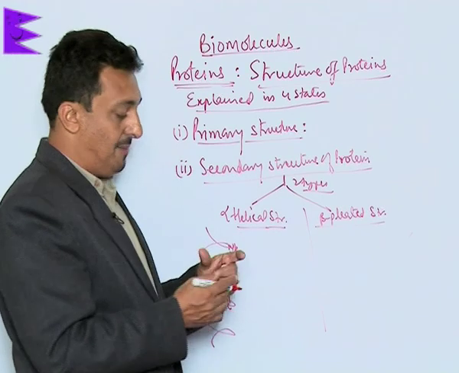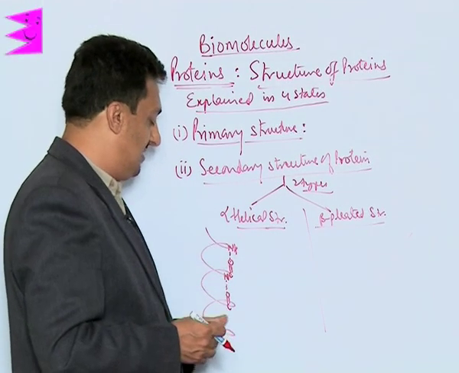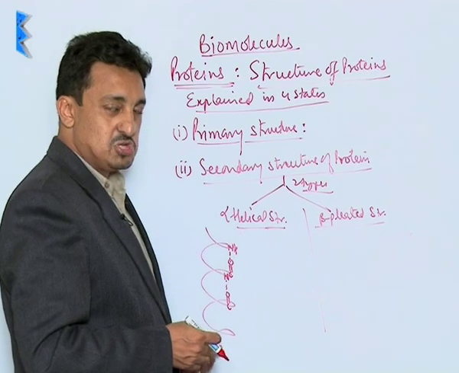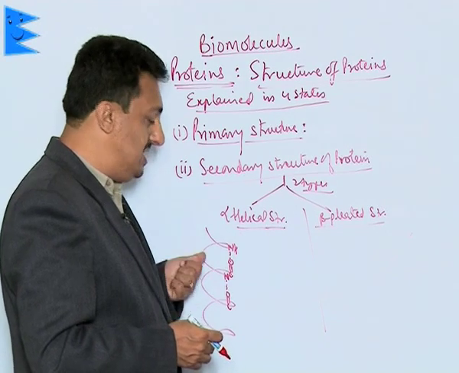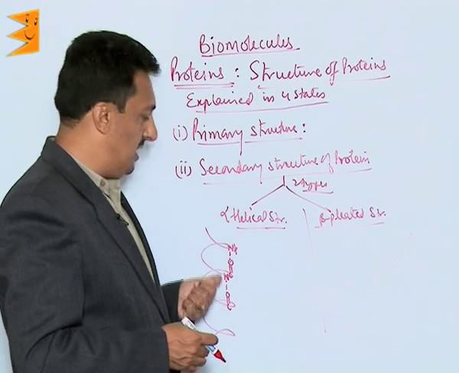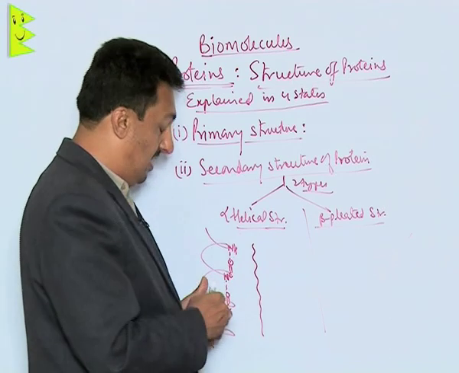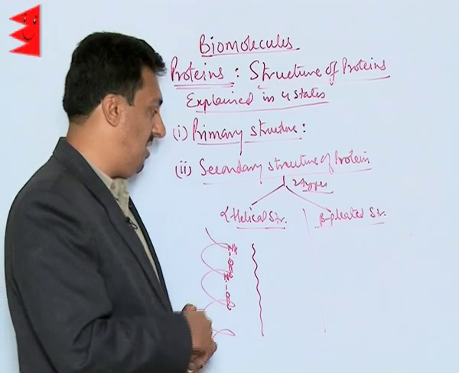This is how they get coiled up to form a right-handed helical structure. So all functional groups are bonded to each other through intramolecular hydrogen bonding, and therefore they attain in the end a long fiber-like structure, which is called the alpha helical structure.